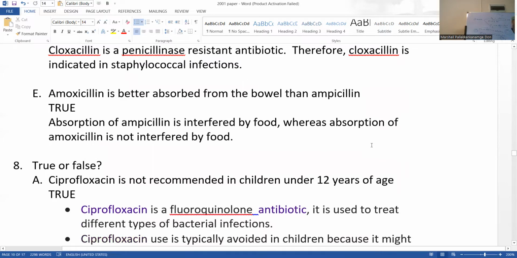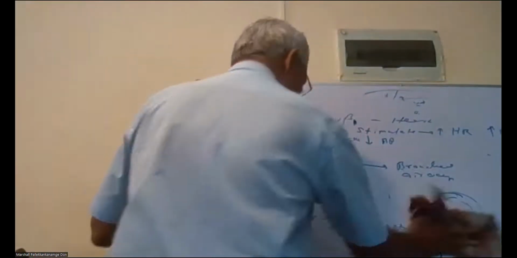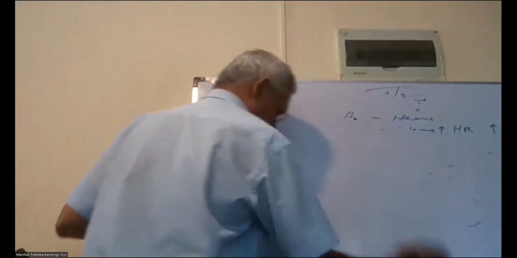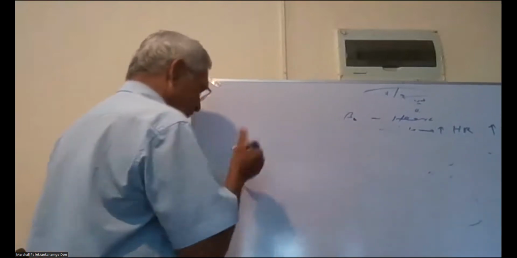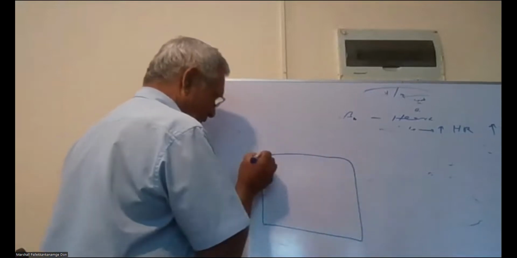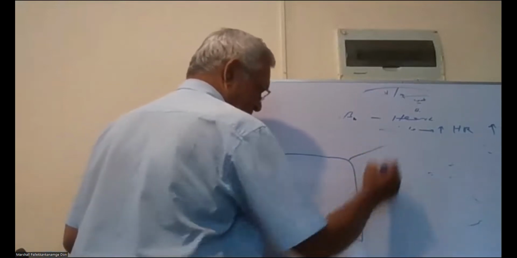So again, if you ask why and how it happens, the penicillin molecule has a beta-lactam ring, like this, with a branch here, another branch here.